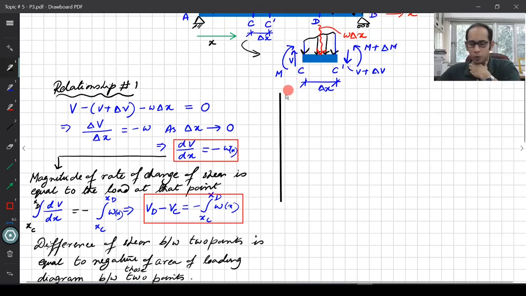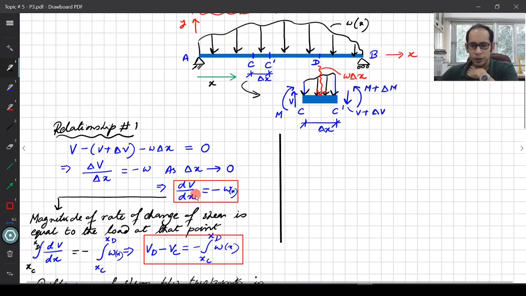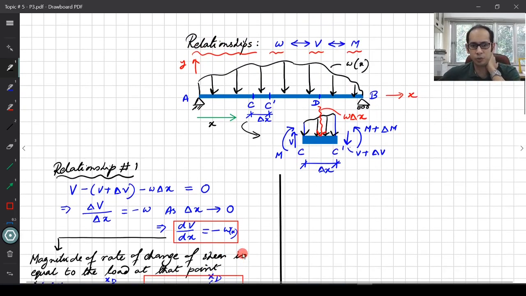So what we just derived is that the slope of the shear force is equal to minus w of x, and this VD minus VC is the negative of the area between those. That is our relationship 1.